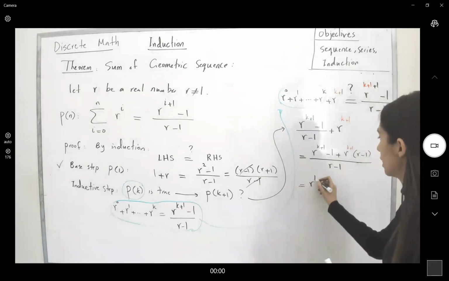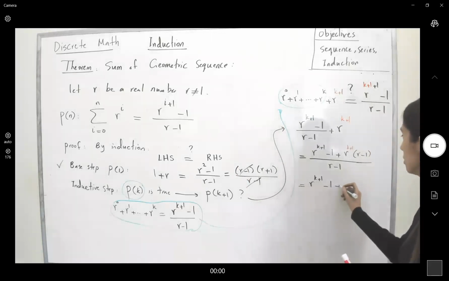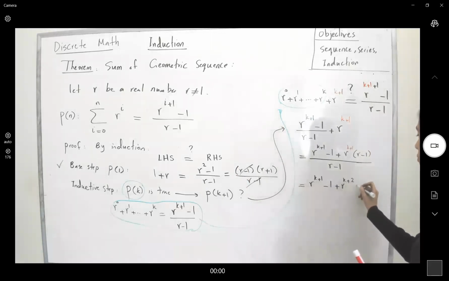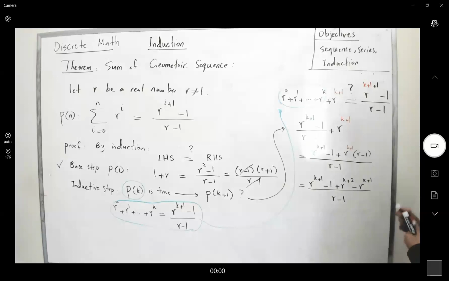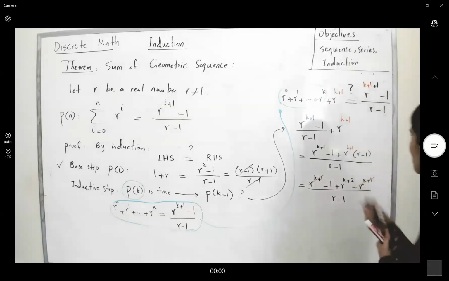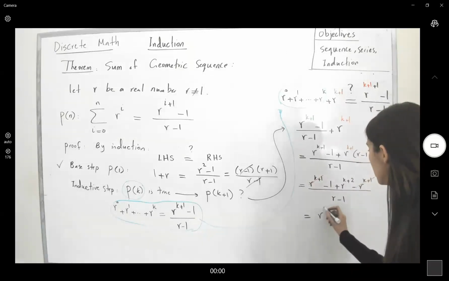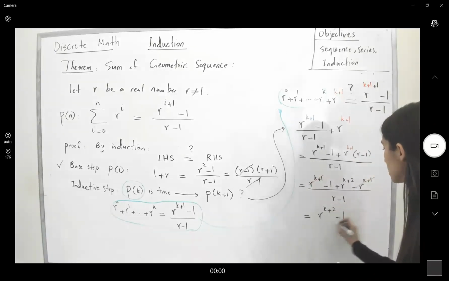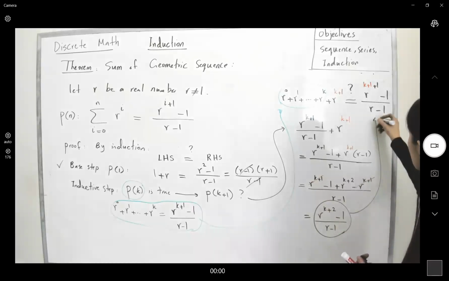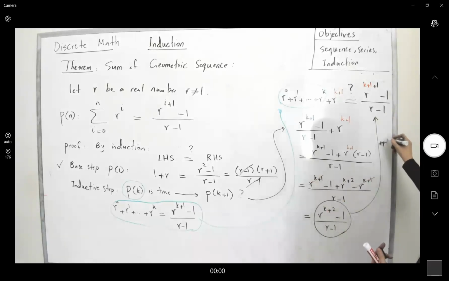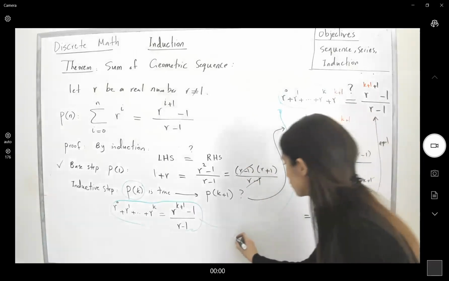I get r to the k plus 1 minus 1 plus r to the k plus 2 minus r to the k plus 1, divided by r minus 1. Here I can cancel out r to the k plus 1 and r to the k plus 1. What's left is r raised to k plus 2 minus 1 divided by r minus 1, which is the same as this. They are equal to each other, so we're done with this proof.